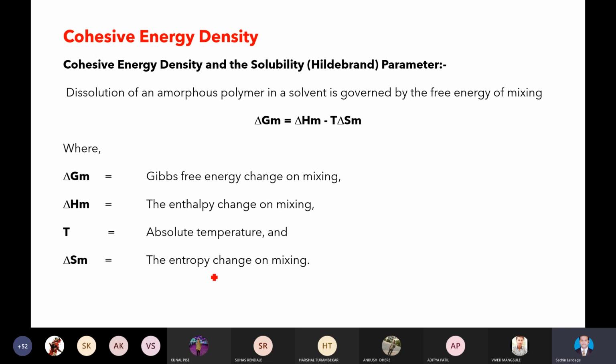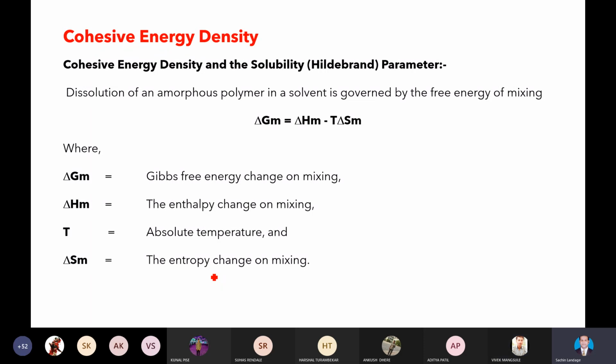So can anyone tell me what is enthalpy and what is entropy? Enthalpy and entropy. Be fast. Enthalpy is the change in heat energy.